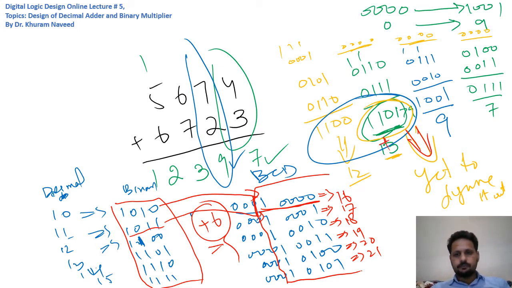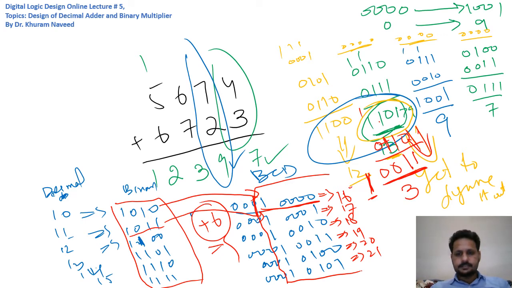So if we add a 0 1 1 0, and here we get a 1 and a 1, and 1 plus 1 is 0, and so this is the carry, and again 0, and this is 1, right? So we have a BCD code of 3 and a 1.